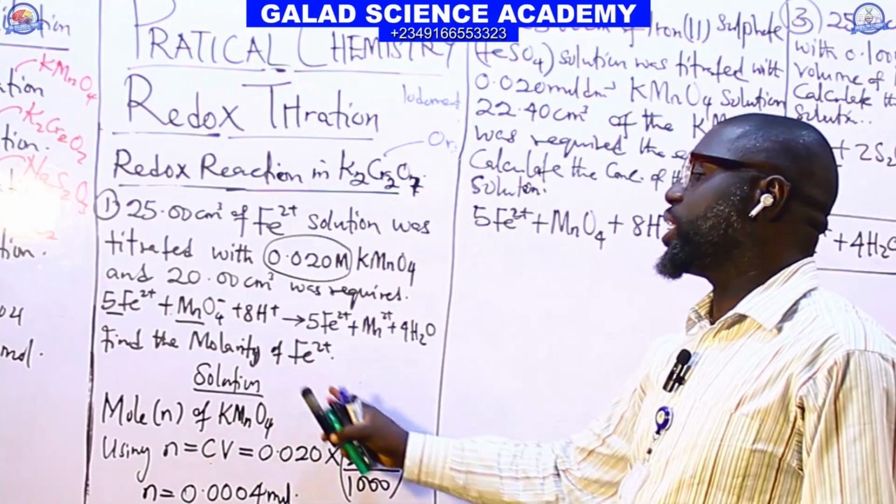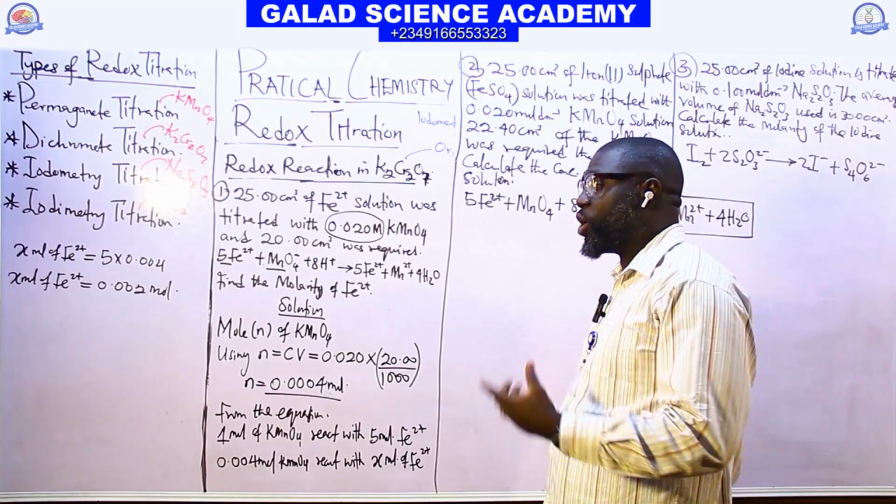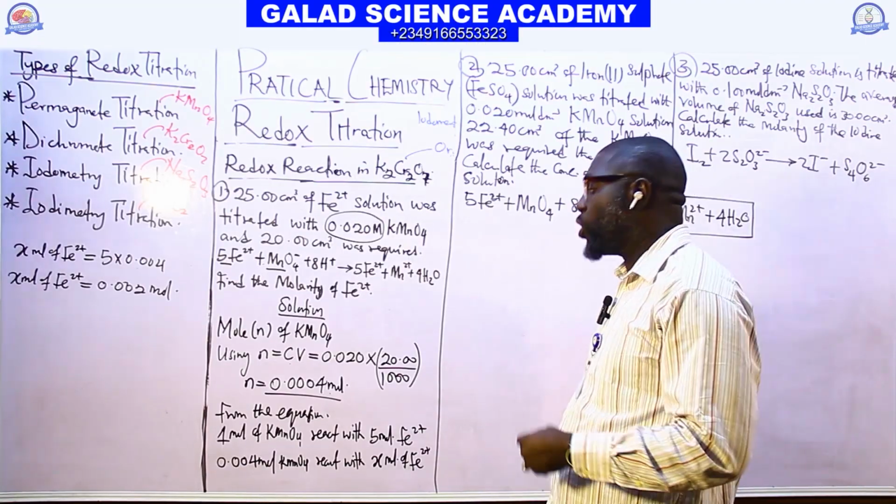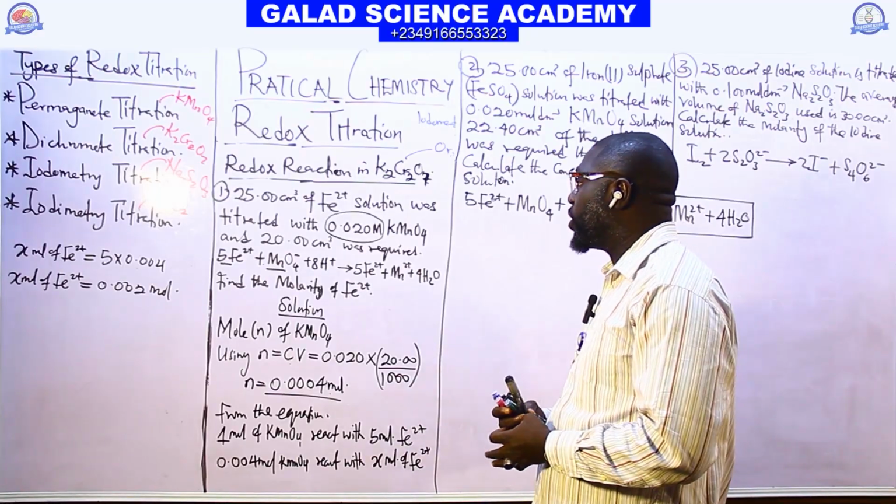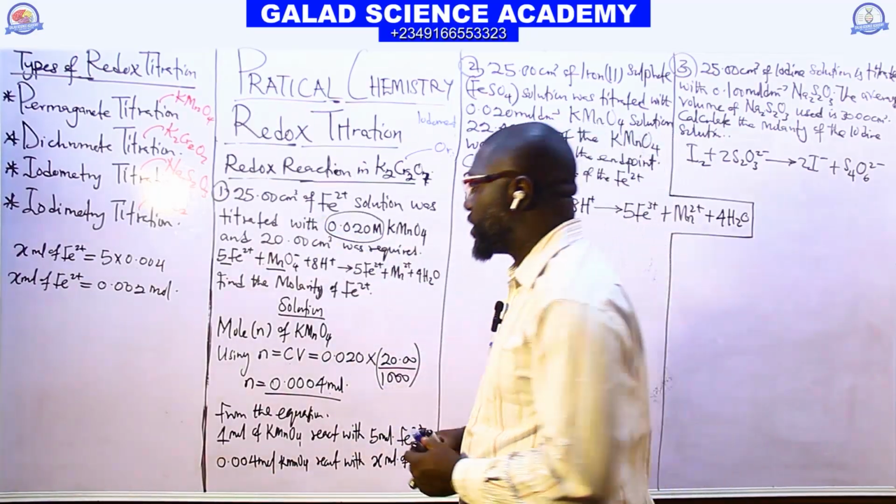The next thing is we are asked to find the molarity of iron. So the molarity of iron is always the number of mole over volume. The volume of iron given is 25 cm cube.